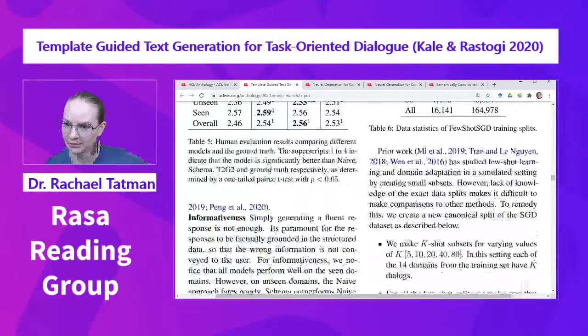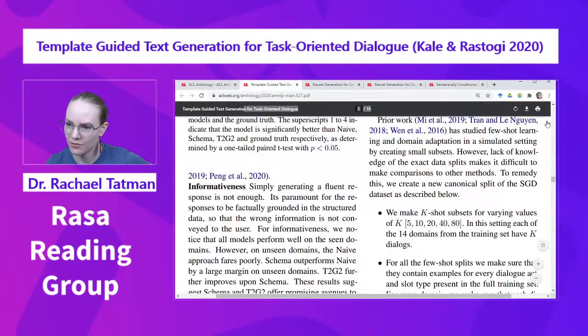Because labeling data is expensive. Prior work has studied few-shot learning and domain adaptation in a simulated setting by creating small subsets. However, a lack of knowledge of the exact data splits makes it difficult to make comparisons to other methods. Okay, so we've got a small subset of data, but we don't know how the data distribution is going to play out in situ.